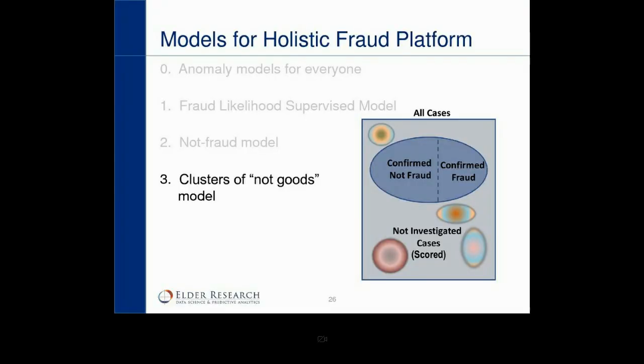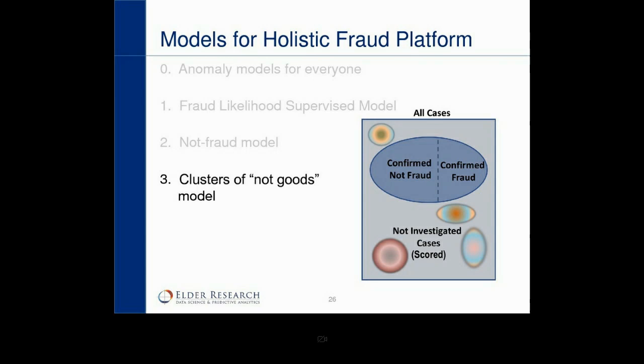So, you've built that unsupervised model, and you have all your cases. You apply that unsupervised model to the rest of your cases, and you'll divide that then into those that get a bad score. They don't look good. And then you take that set and you apply clustering to it, which is your last kind of model. And you'll see that there are patterns among those that don't look good.